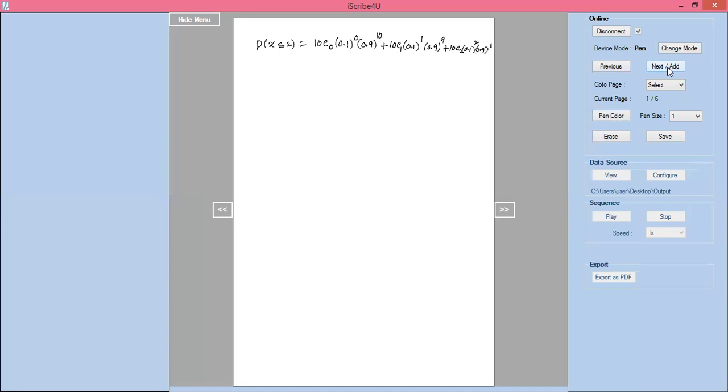If you simplify this, you will get 0.9298.